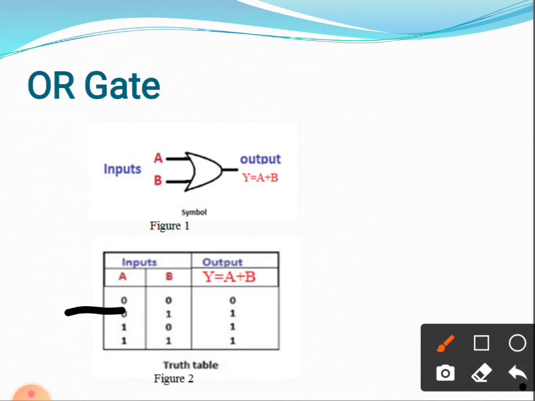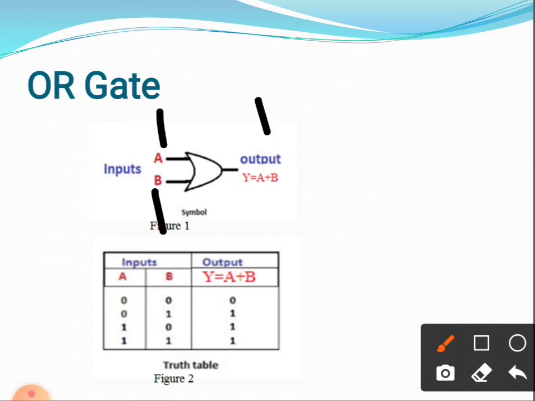When we give A equal to 1 and B equal to 0, then the output will be 1. When we give input A equal to 1 and B equal to 1, then the output will be 1.